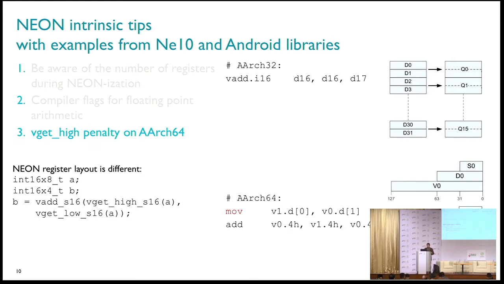So the intrinsic vget_high is not free anymore because we have to move the higher half to another register before we can use it as an operand. Like here, we use this v8, and we add the higher half and the lower half of A. On ARC32, we'll generate one instruction.